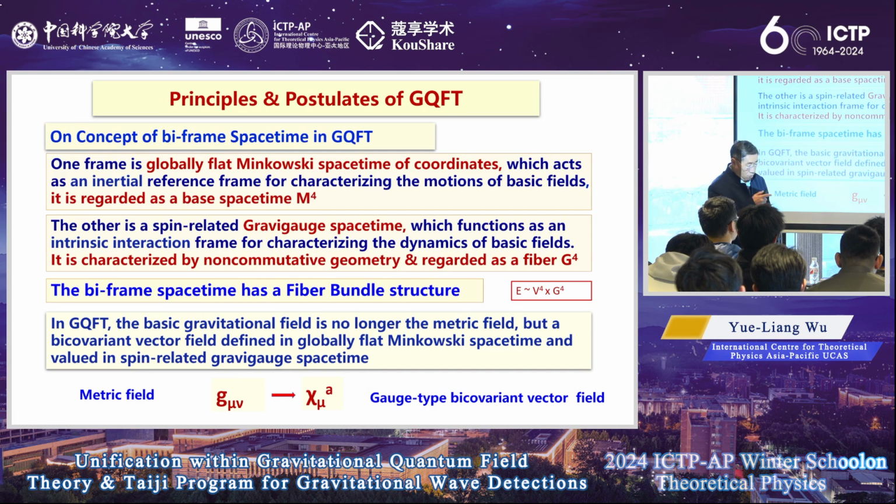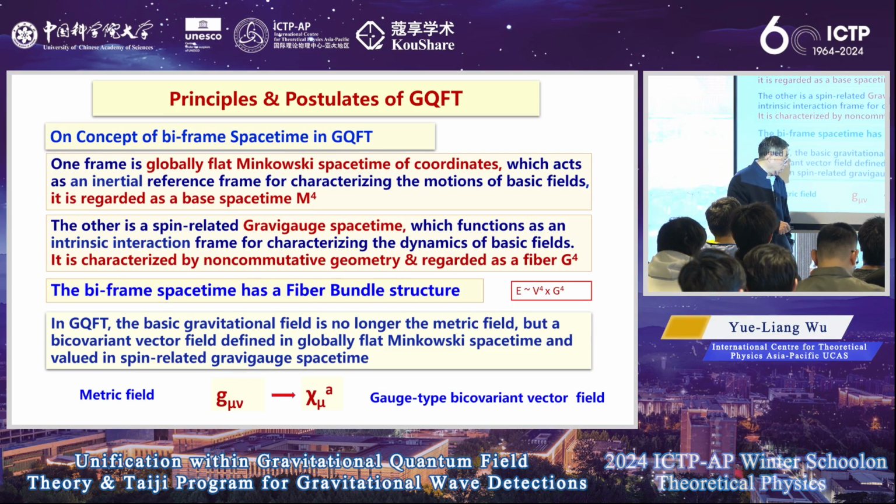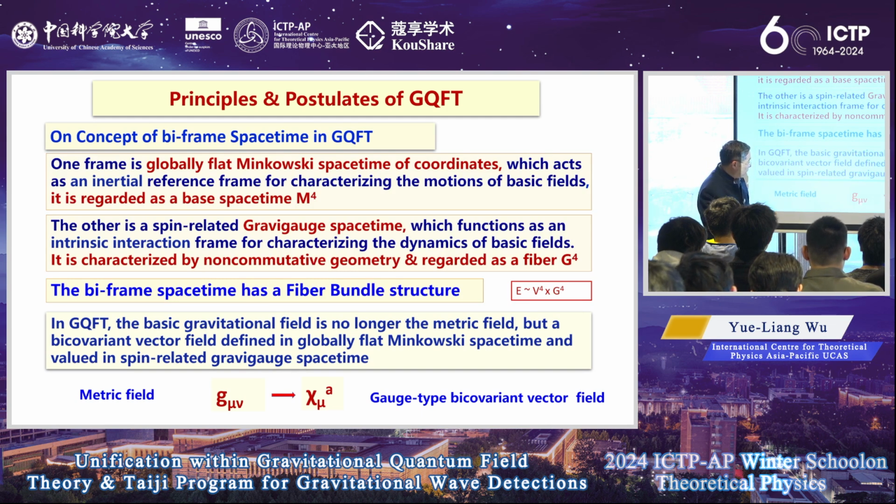They all run over 0, 1, 2, 3, the time plus space of spacetime. This is rather than the metric tensor in the coordinate spacetime that describes gravity in general relativity. So I call this the bicovariant vector field, living in both spacetimes of the bi-spacetime. This is the tensor vector in the coordinate spacetime and in the covariant spacetime. So that's the difference.